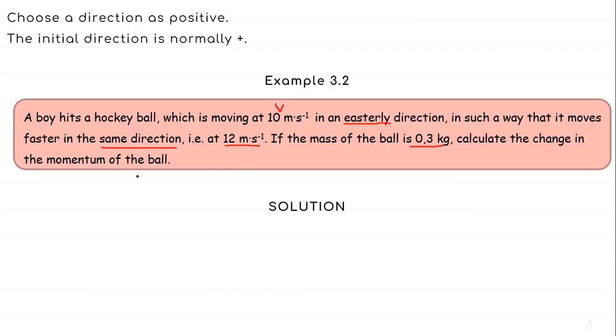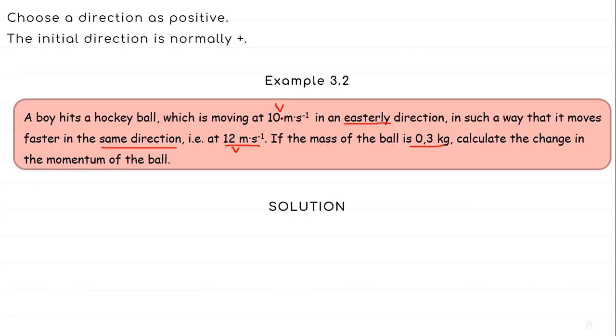Now we need to understand that the momentum of the ball has actually changed. How do we know that the momentum of the ball has actually changed? Because the speed actually changed from 10 meters per second to 12 meters per second. So it means the momentum before is not the same as the momentum after.